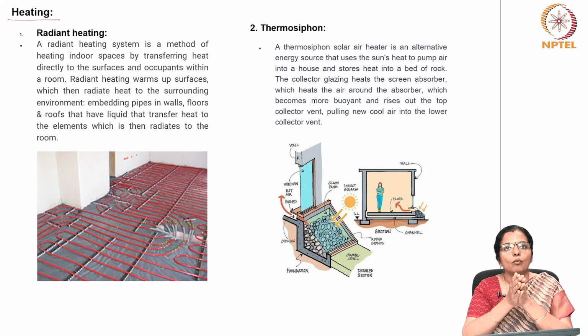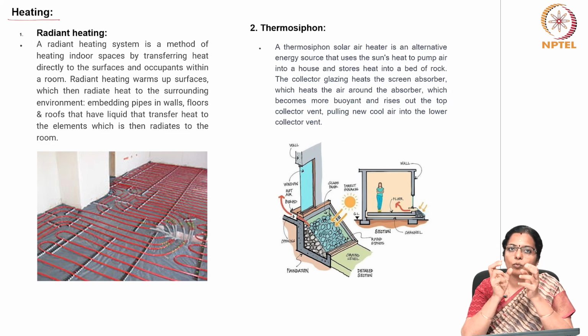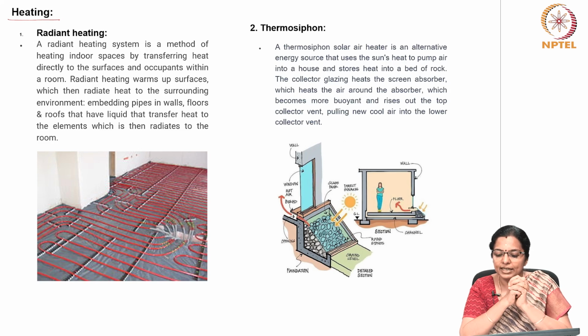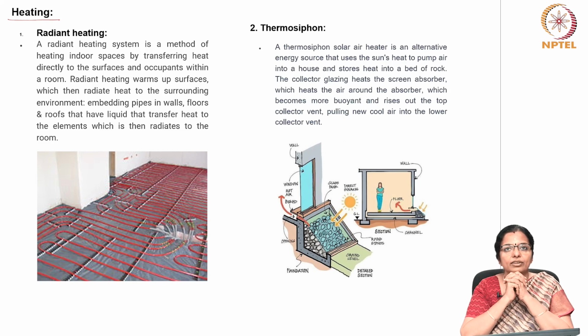Radiant heating warms up surfaces which then radiates heat to the surrounding environment, embedding pipes in walls, floors and roofs that have liquid or water that transfers the heat to the elements which is then radiated to the room.